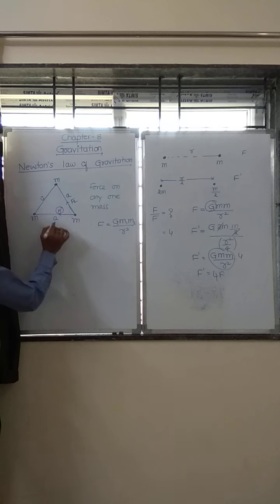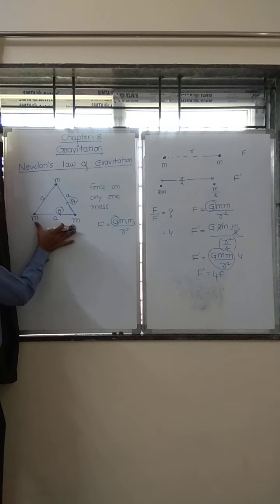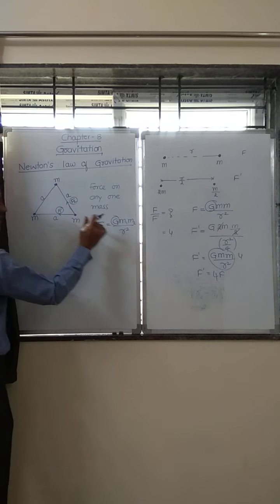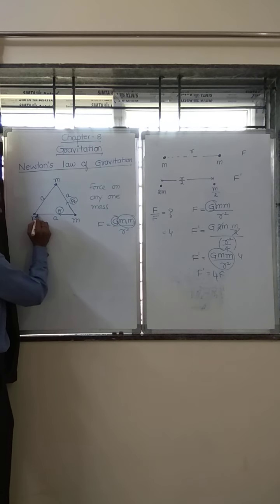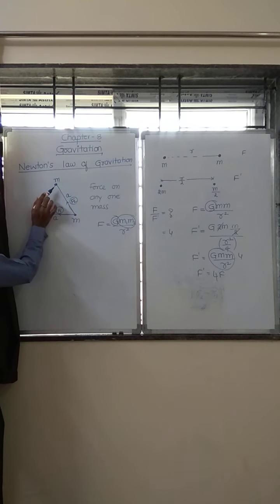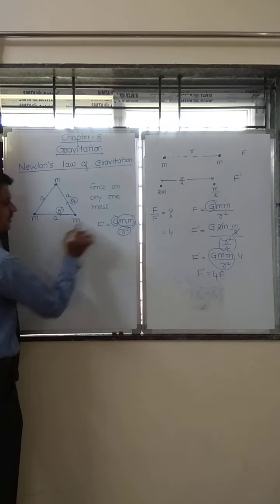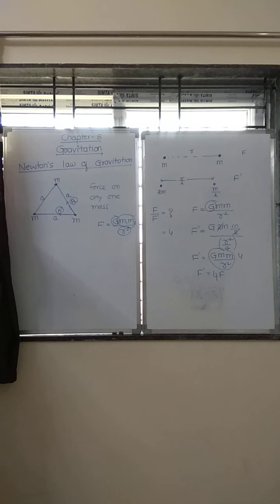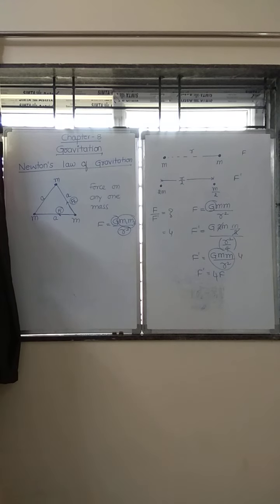If I take F1 or F2, capital G remains the same. In case of F1, the product is m and m. In case of F2, the product is m and m. Means for both F1 and F2, the product remains the same. And in case of F1, the distance is A. In case of F2, the distance is A. Means for both, the distance also remains the same. It means here F1 as well as F2 are both equal.